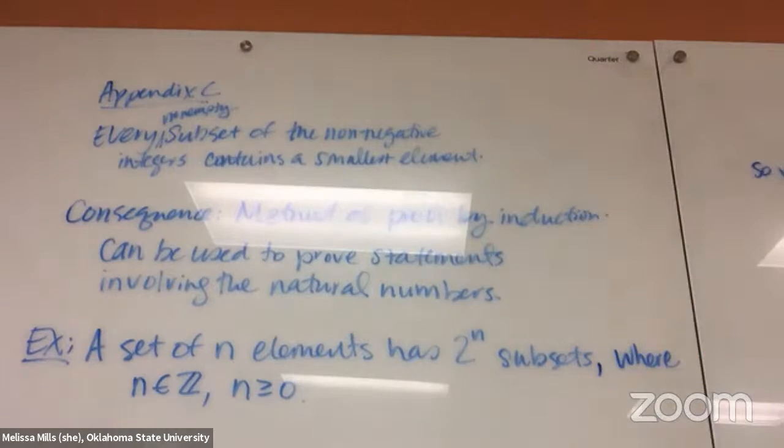You have two choices for the first element, two choices for the second, and then there's two sets.